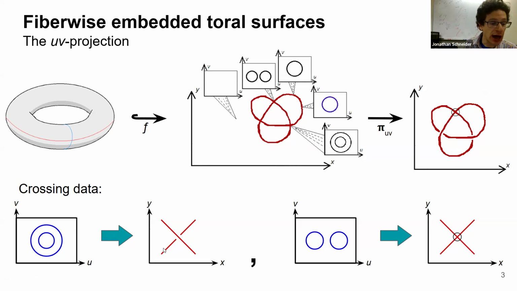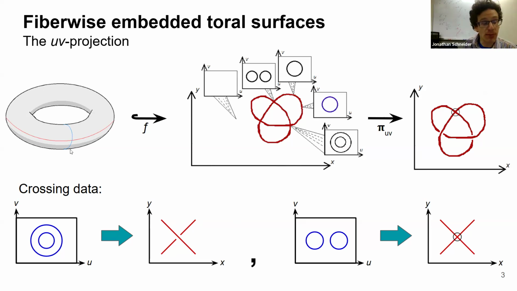So here, a classical crossing is understood to occur wherever the fiber circles are nested, right? Each of these fiber circles comes from a different part of the torus. If one part of the torus is a thin tube and another part of the torus is a fatter tube, then one of those circles can nest inside the other, the smaller circle corresponding to the understrand and the larger circle corresponding to the overstrand.